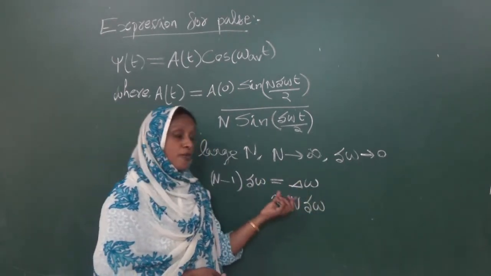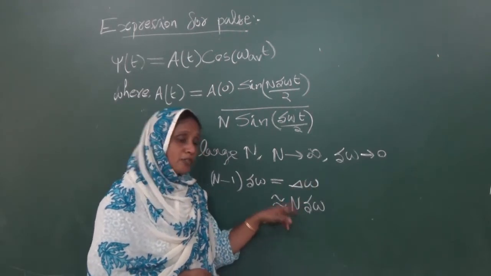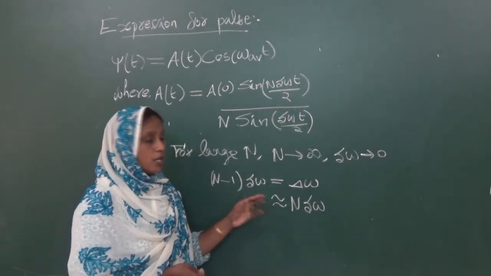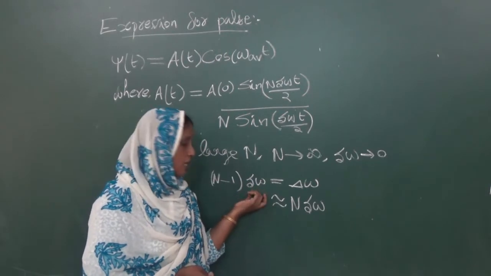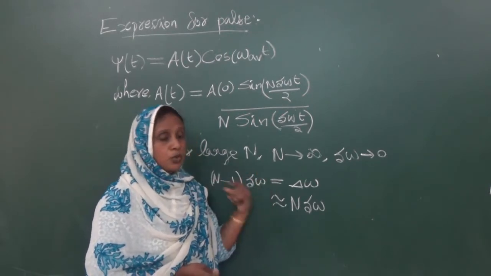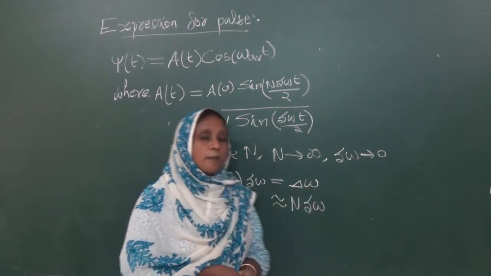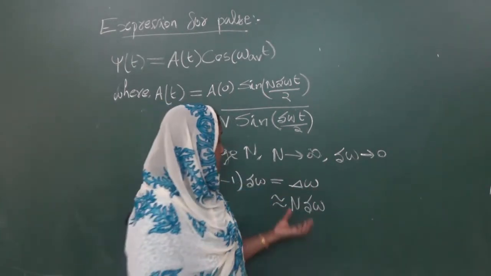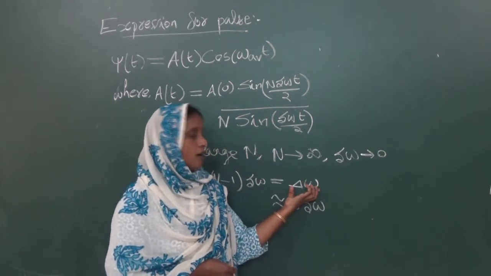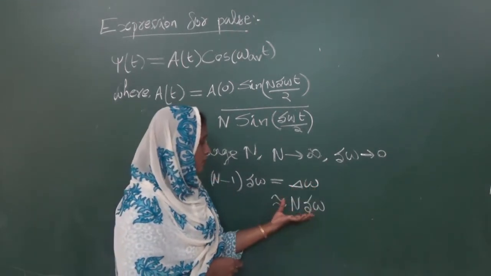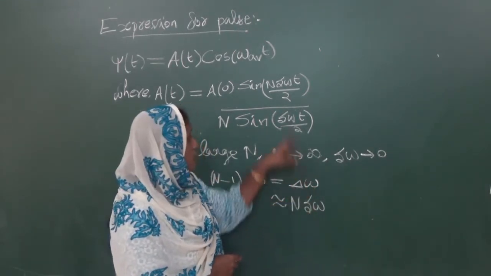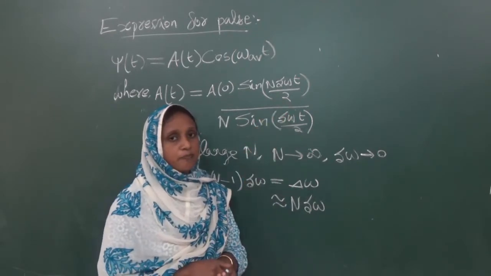So, for very large N, N is approximately equal to N minus 1. So (N minus 1) into delta omega is approximately equal to N delta omega, which is equal to the bandwidth or frequency band of delta omega. Okay, so we can use this equation in this expression.